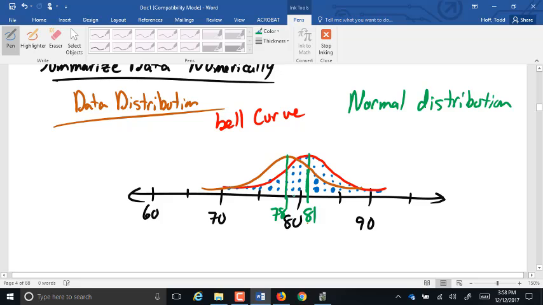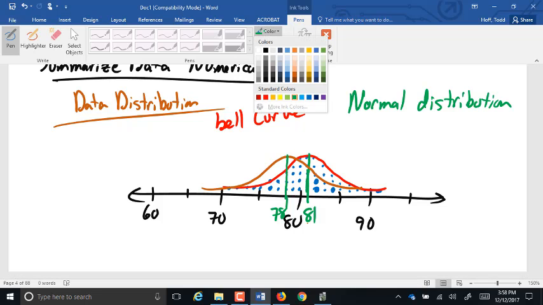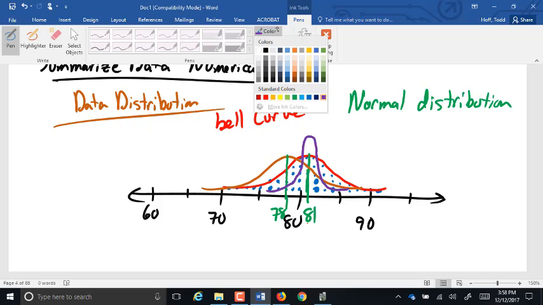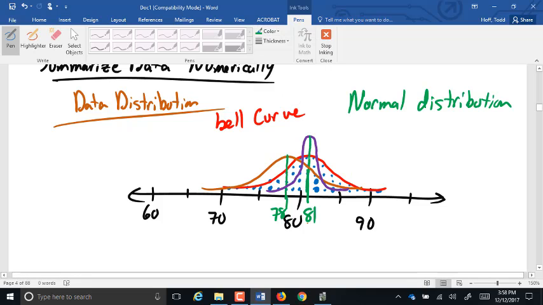So the difference between the red curve and the brown curve is the location of their center. Well, let's put another curve up there. This purple curve has a center that's still at 81. So the red curve and the purple curve have the same center. How would we describe the difference between them?